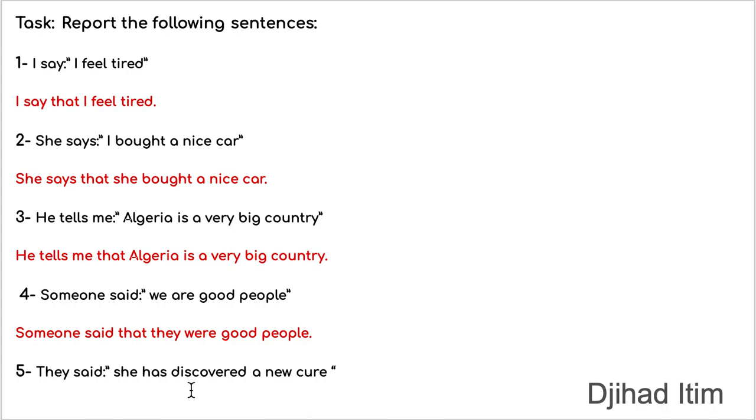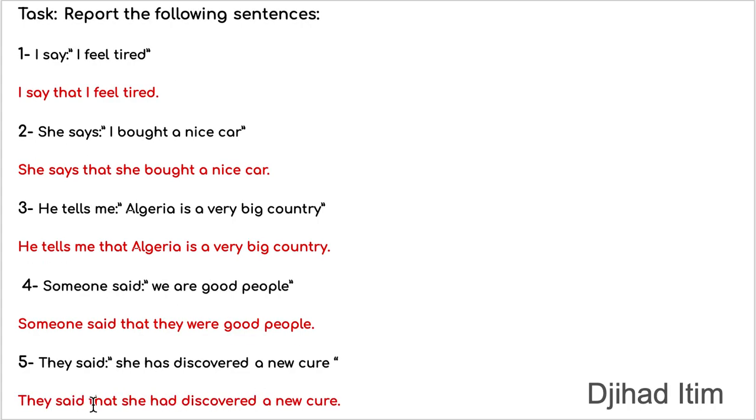Number five: they said, "She has discovered a new cure." So here we can say they said that she had discovered a new cure. Here we have a change from the present perfect to the past perfect. I repeat that the rule of the present perfect is has or have plus the past participle of the verb. The past participle of the verb "to discover" is "discovered."